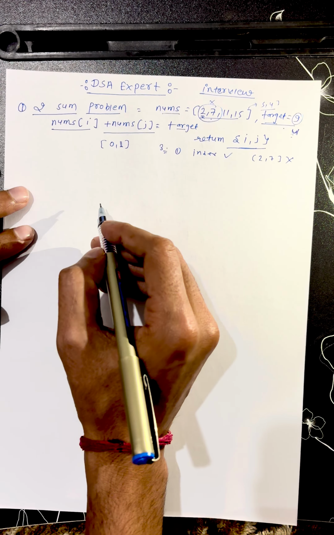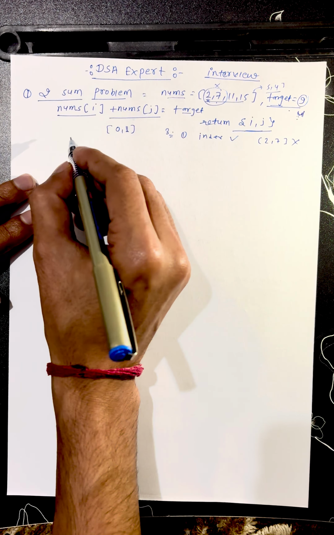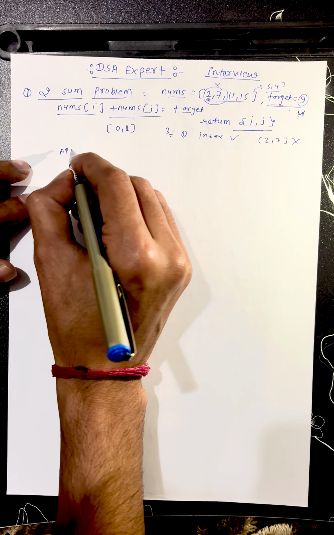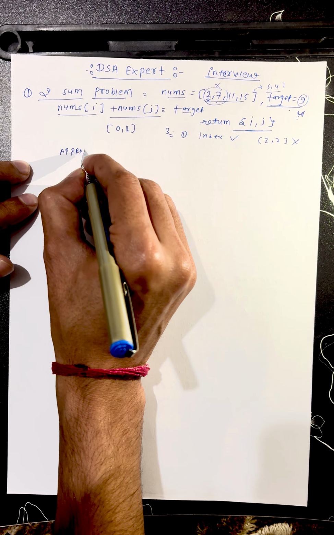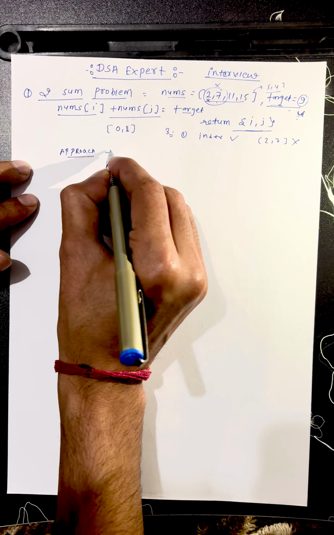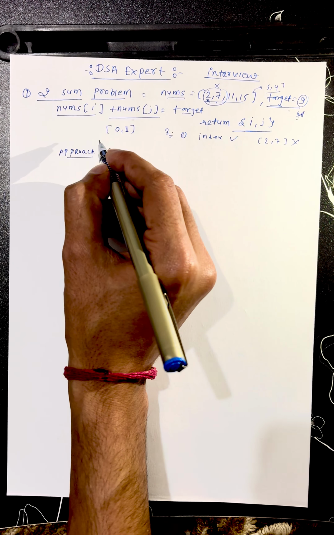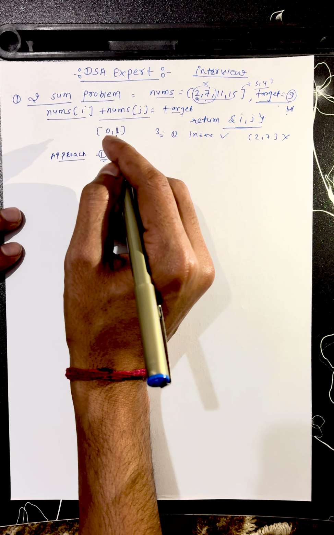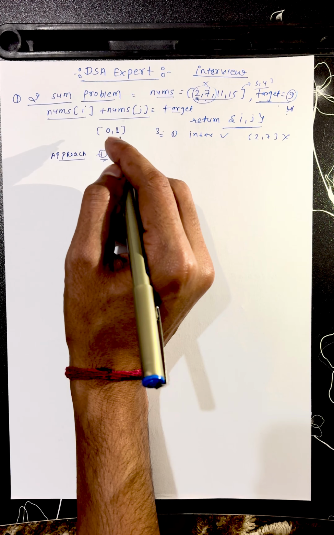So I am talking about the approach first. First we will do the brute force approach. What we will do in this problem, we will check every possible pair using two loops.